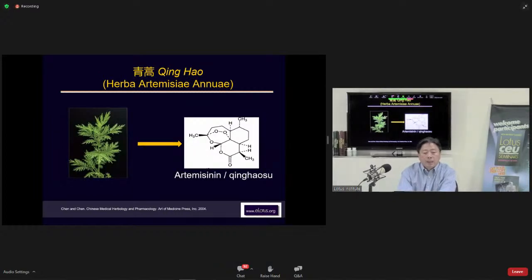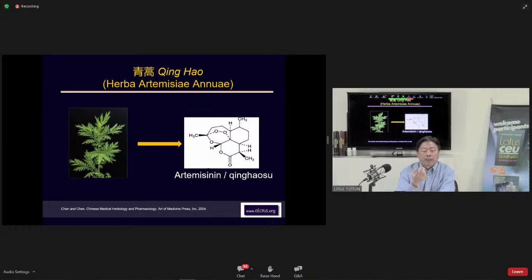Okay, and this one is probably an example that we TCM practitioners are all aware of. And this is Qinghao, Artemisia, that yields a compound called artemisinin, or Qinghao Su. And this is one of the most effective compounds for treating malaria. All right. And the important criterion in this case is it's most effective if you take the fresh herb.